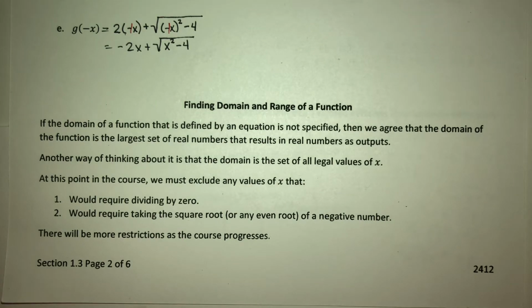Those are the only two things we have to worry about so far. As we go along in the course, as we get to exponentials and logarithms and trig identities, we're going to have more things that we have to worry about. But for right now, those are the only two things we have to be aware of.